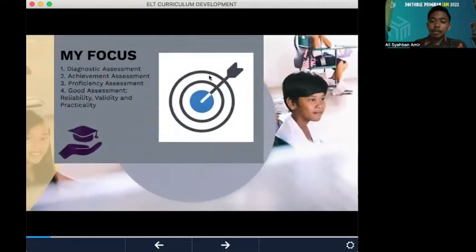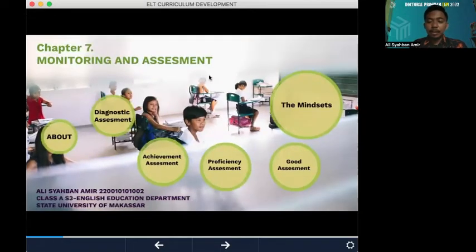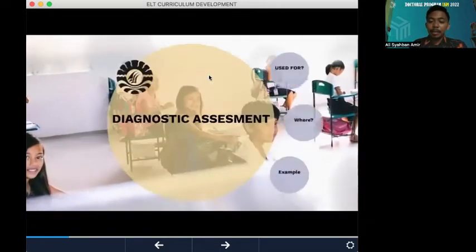But what I will describe in this chapter is limited to 4 sub-chapters: diagnostic assessment, achievement assessment, proficiency assessment, and how to reach a good assessment, which contains reliability, validity, and practicality. So let's move to the explanation of diagnostic assessment.